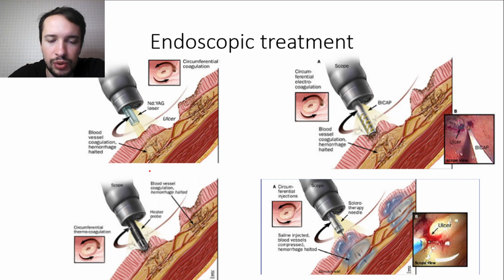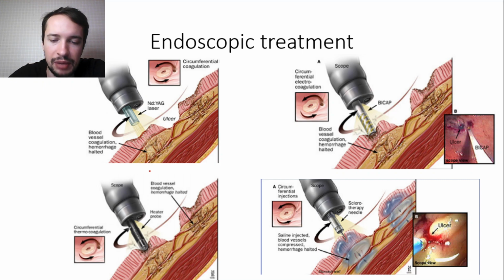The heater probe is a hollow aluminum cylinder with an inner coil. The cylinder transfers heat from its end or sides to tissue when positioned perpendicularly or tangentially.